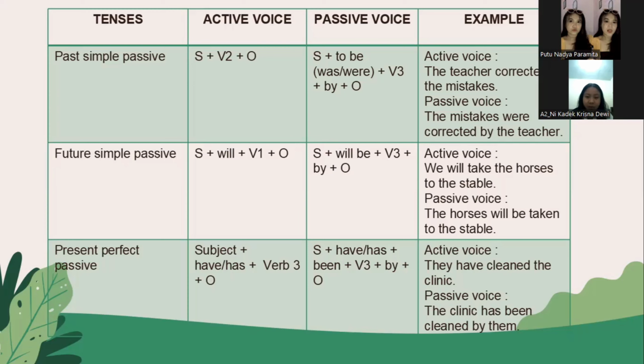The pattern for passive voice is subject plus have or has plus been plus verb 3 plus by plus object. The example for active voice is: they have cleaned the clinic. For the passive voice: the clinic has been cleaned by them.